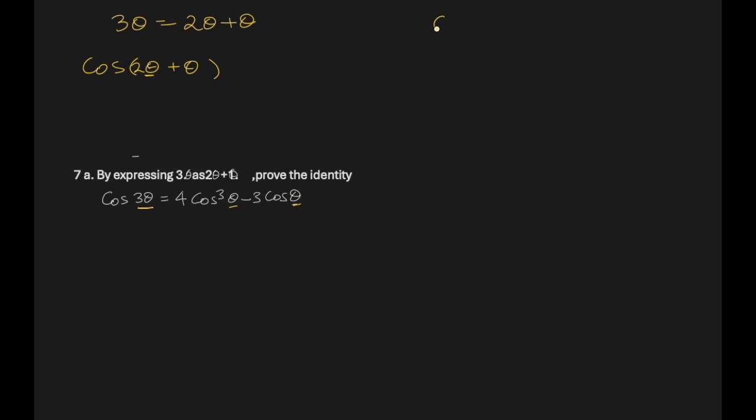So we can use the identity for cos A plus B: cos A cos B minus sin A sin B. So it will be cos 2 theta cos theta minus sin 2 theta sin theta.